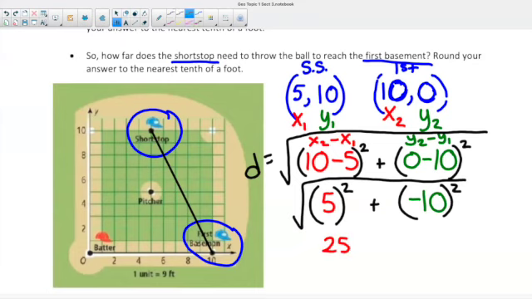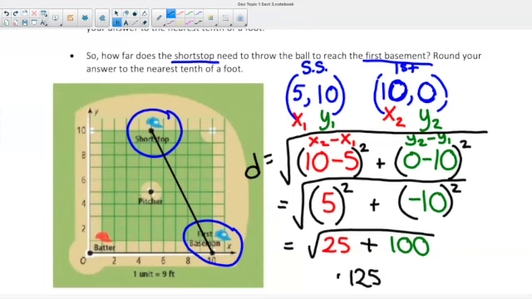And negative 10 squared, well, negative 10 times negative 10 is positive 100. We're going to add those and take the square root. 25 plus 100 is 125.